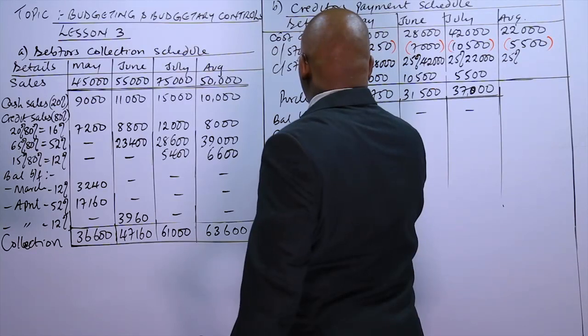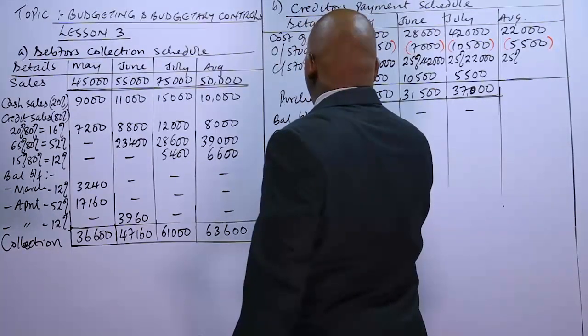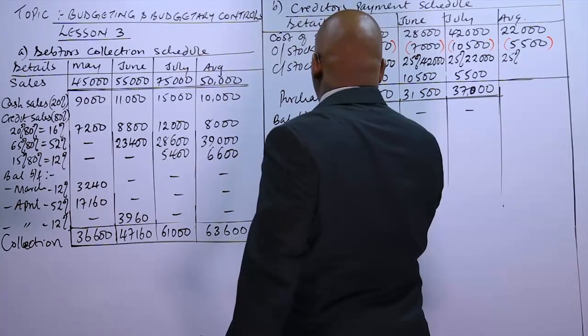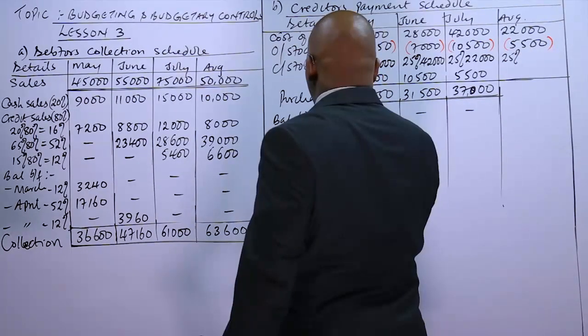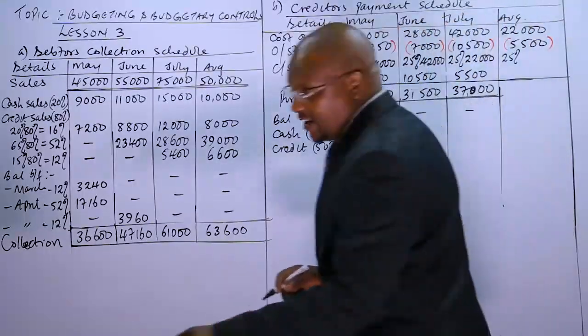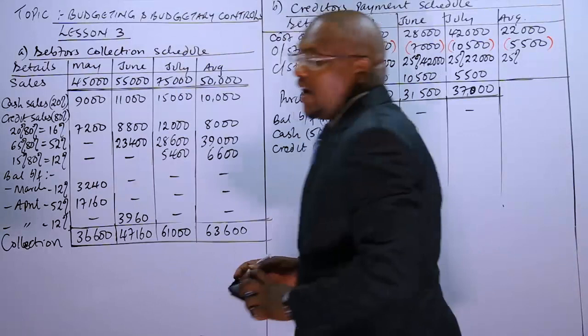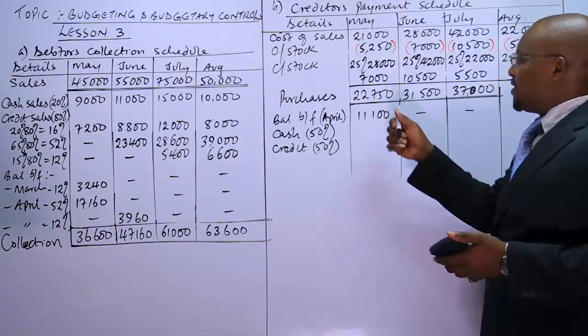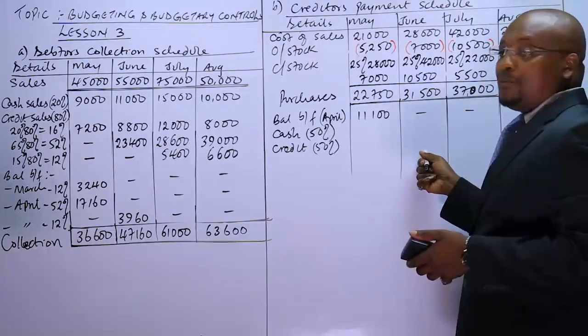Then we come to this: cash, 50%, and credit, 50%. I'm calling it cash because we are paying in the same month, but not necessarily cash. It's just language to understand that 50% of this I'll be putting here, and 50% I put in the following month.